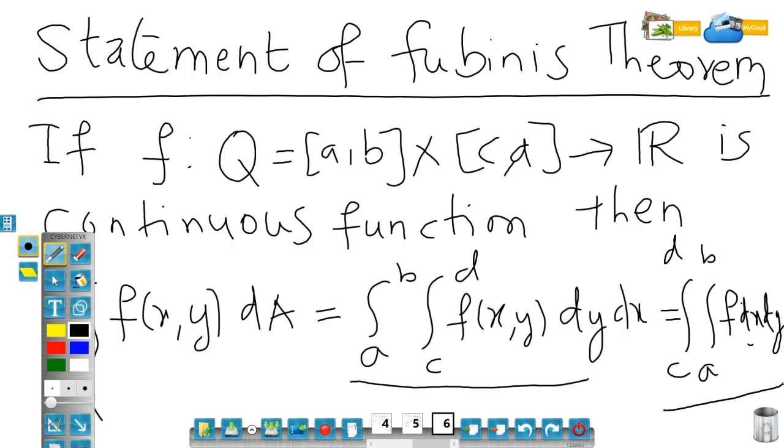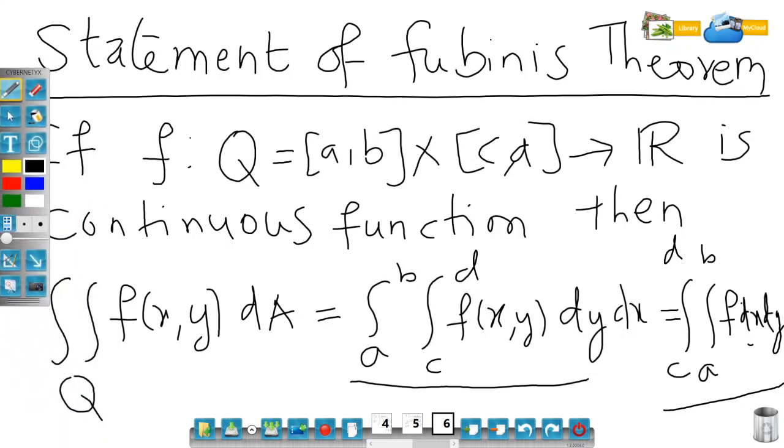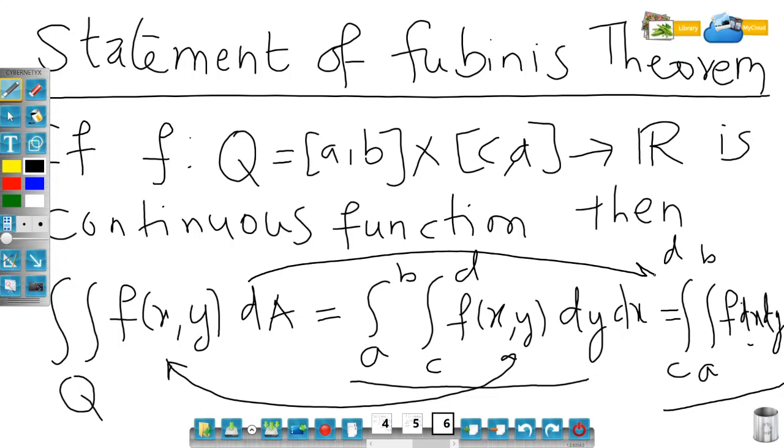So we want to prove this theorem. How will I prove it? Proving this is equivalent to proving that this double integral is the same as this, and similarly that this double integral is also the same as this. This is 1 and this is 2, and from 1 and 2 I can say that all three are equal.